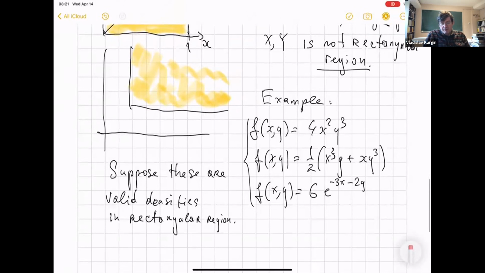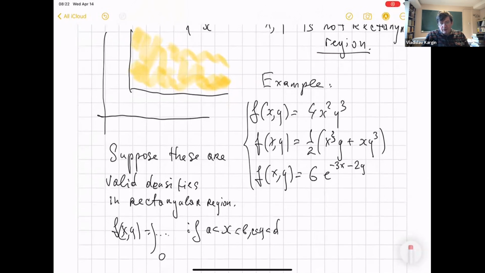Rectangular regions means that f of xy is valid if x is greater than a, smaller than b, y is greater than c, smaller than d, and 0 otherwise. Where a, b, c, and d are some numbers, which in principle can be infinite, right? So minus infinity or plus infinity.